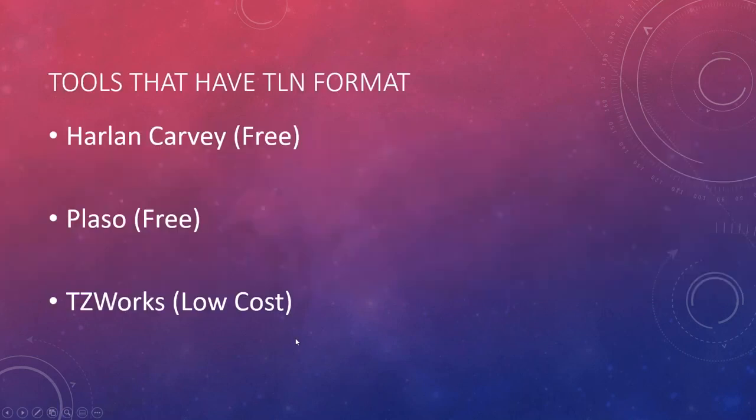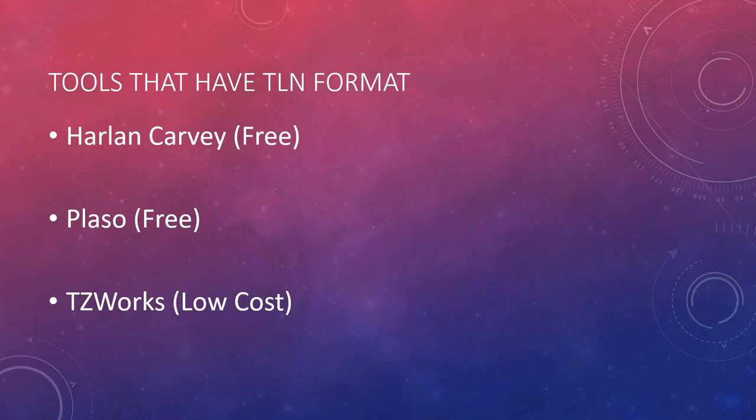There are several tools that I'm aware of, and I'm sure there are even more out there in the community, that support this TLN format. Of course, Harlan Carvey's RegRipper and a lot of the tools he developed output into TLN format. There's also Plaso, which is the new version of log2timeline. So if you like working with Plaso, you can leverage Plaso using the framework to call your favorite parsers and automate that process.